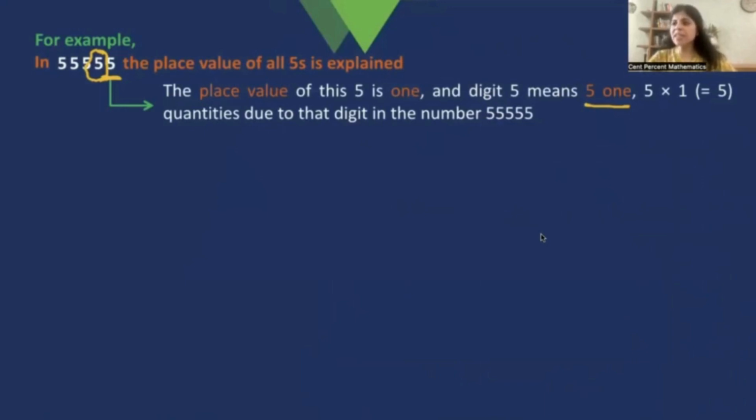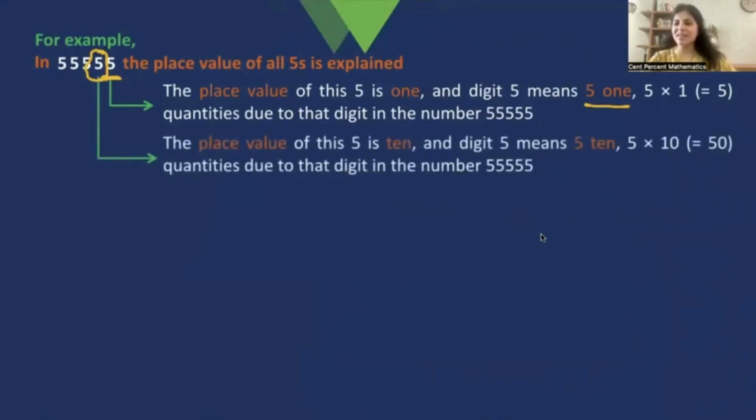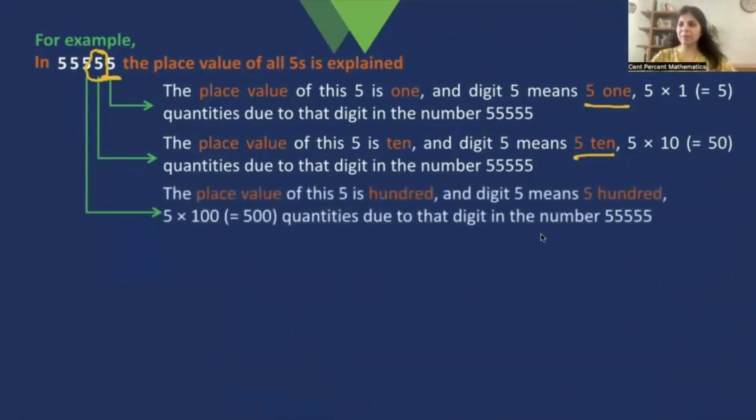Similarly, the place value of the second 5 would be, I'm sure you would be guessing it right now, 5 tens. So it is 5 times 10, which is 50. Similarly, the place value of the third 5 would be 5 placed at the hundreds position, and that's 500.